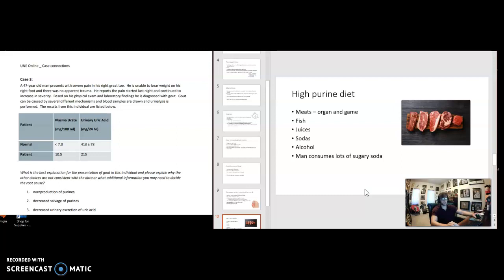But there are certain types of fishes, and there's lots of juices, particularly fruit juices. All of the sodas, especially the ones with high fructose corn syrup, and some alcohol, and there are other food groups as well.